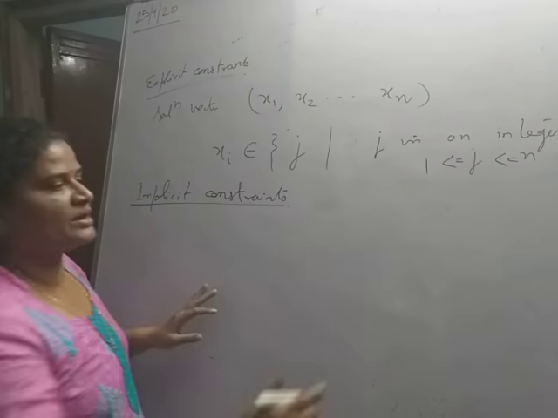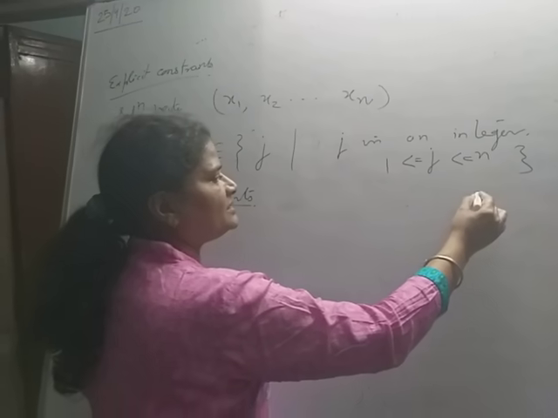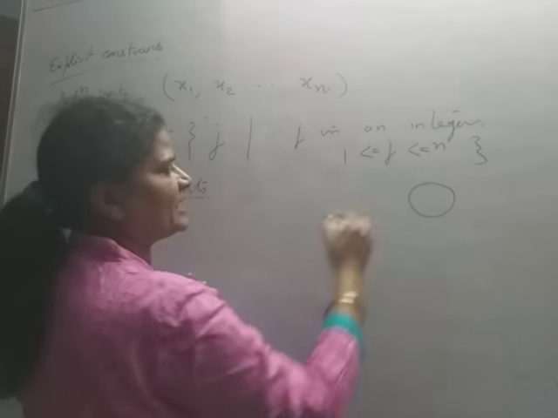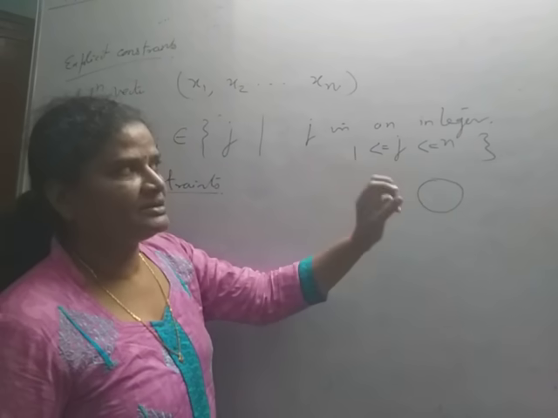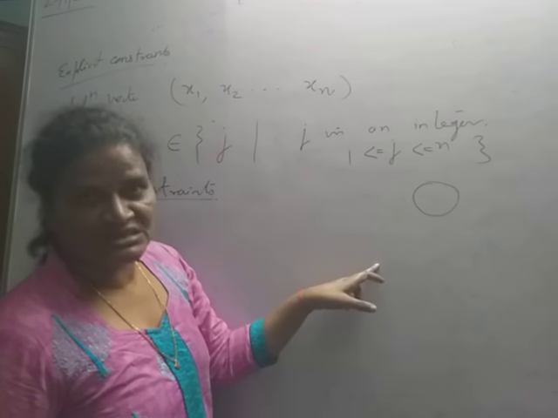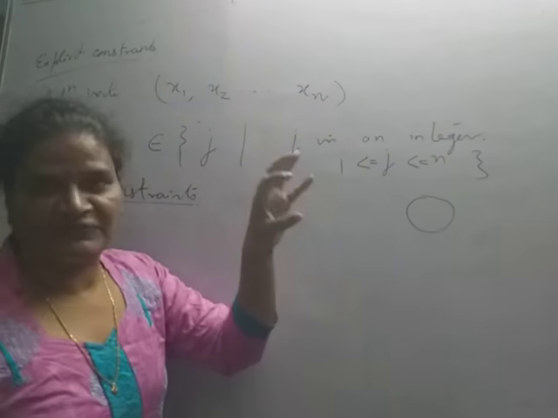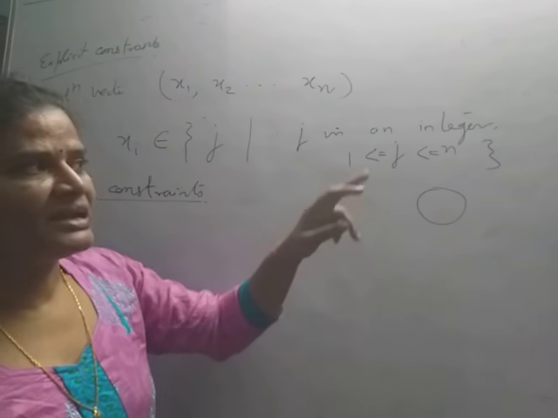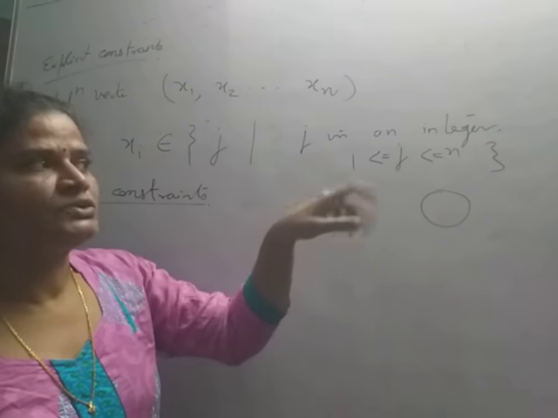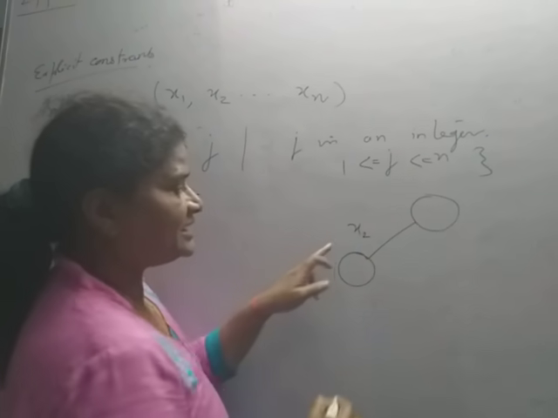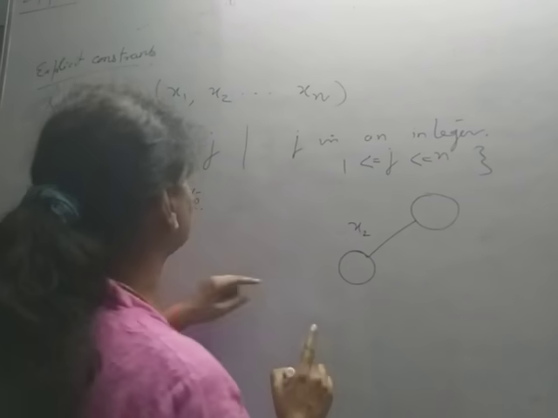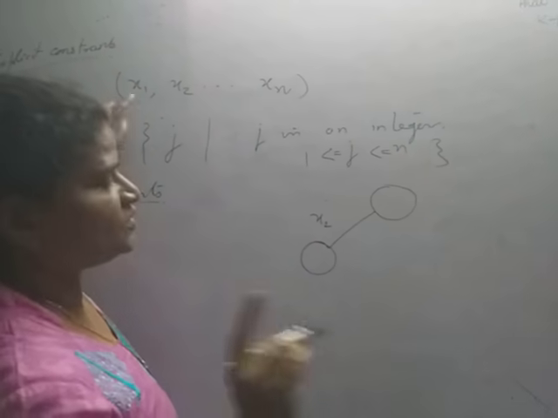Again, if you take the state space tree and start the cycle, then for the first position I am taking the first vertex, and then the remaining vertices are 2 to n. Here I start from x2, because I have assumed that x1 is always 1.